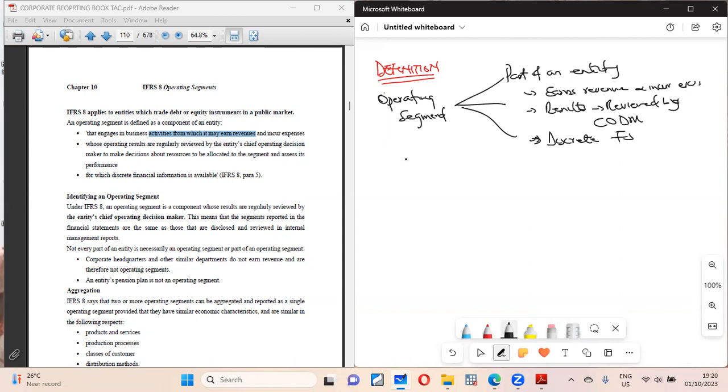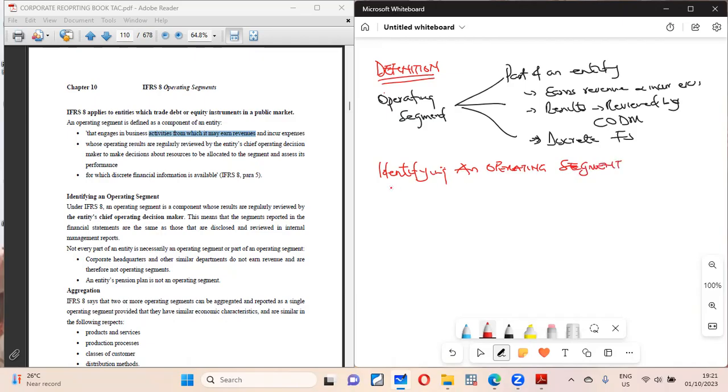Now, to be able to identify an operating segment, we have two means of identification. In the normal days, we will call it recognition. How do you identify an operating segment? There are two ways: the administrative way and the quantitative way.